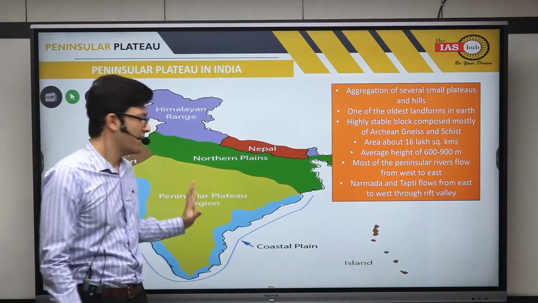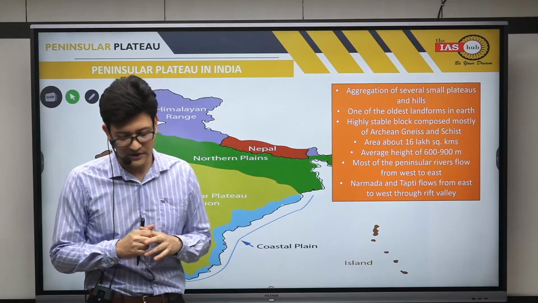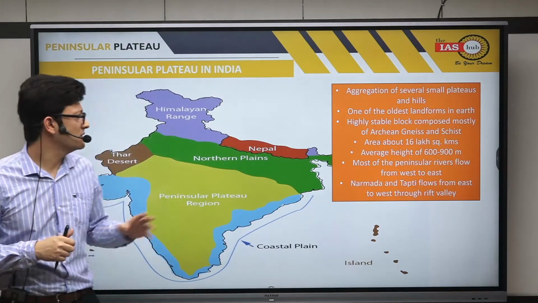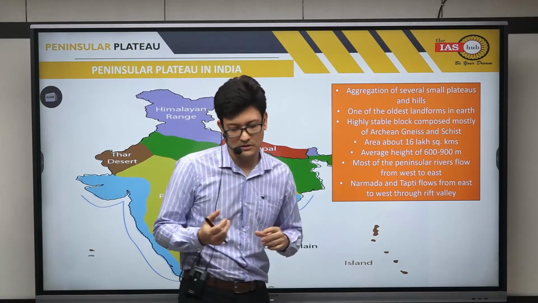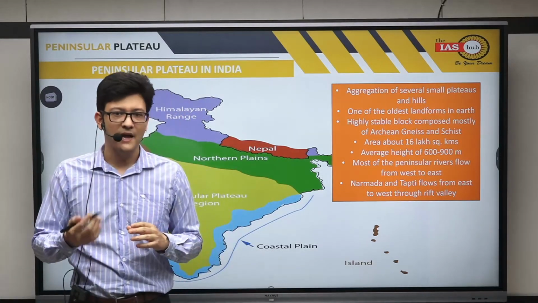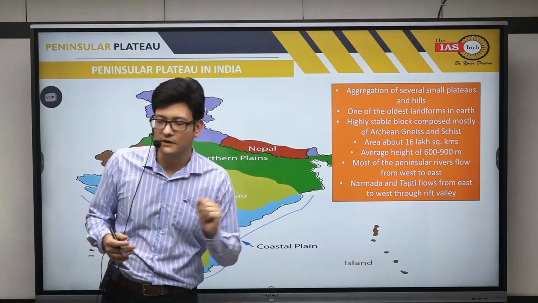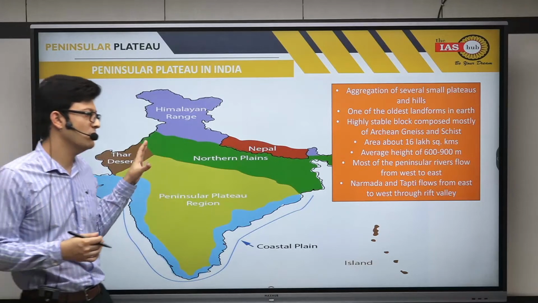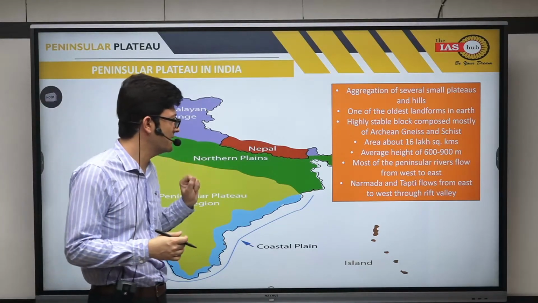The Peninsular Plateau is one of the oldest landforms present on the earth, and it consists of Archean gneiss and schist rock material. And apart from that, these are the most stable form of land which you can find in the Indian subcontinent. There is no seismic activity in these regions, so seismically these are very stable regions.